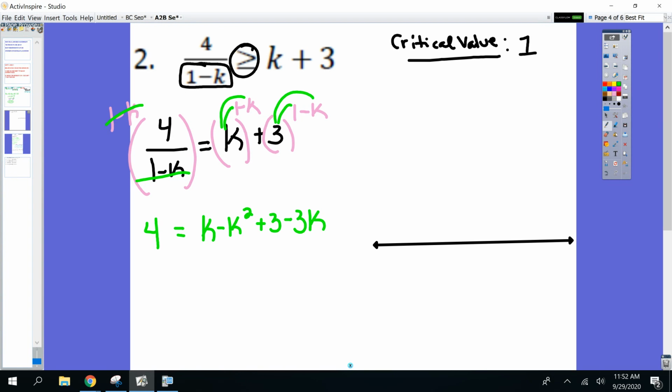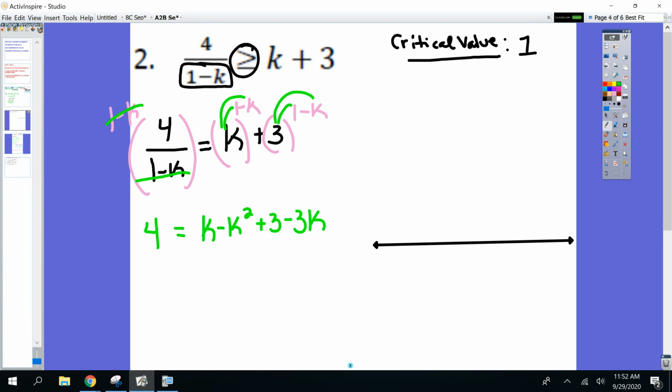Get one side equal to 0 before you factor. Make sure your squared term is positive. You guys got it? So with the second term, so it'll just be 1 minus k then? No. The second one here, you got to distribute the k, right? You can't cross anything out, Ella.